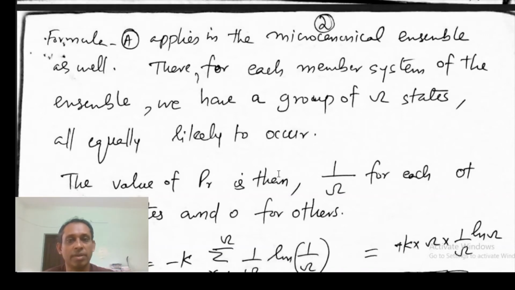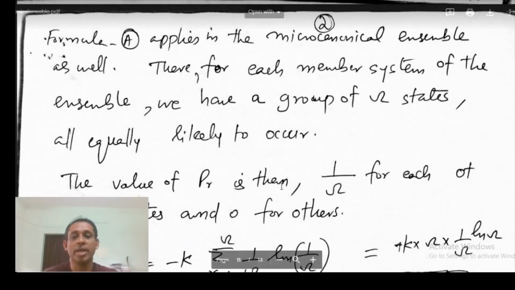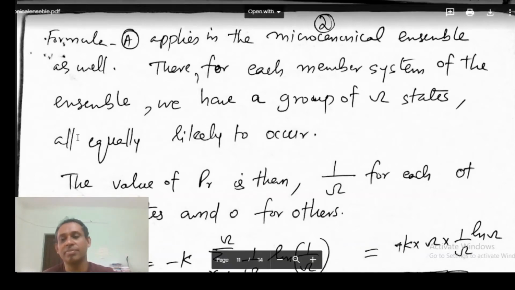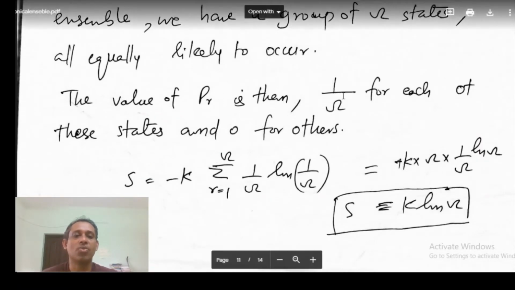we have the equal a priori probability, the fundamental postulate of statistical mechanics. There are omega number of microstates, but their probabilities are the same, they are all equally likely to occur. So the probability value P_r is 1 by omega for each of these states.